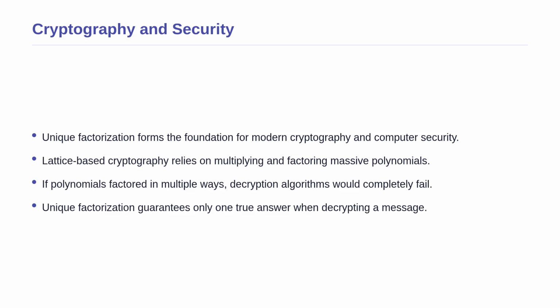If polynomials could be factored in multiple different ways, decryption algorithms would completely fail. A single encrypted message could be interpreted as several different original messages, destroying the security and reliability of the system. Unique factorization guarantees that when a computer decrypts a polynomial message, there is only one true answer.